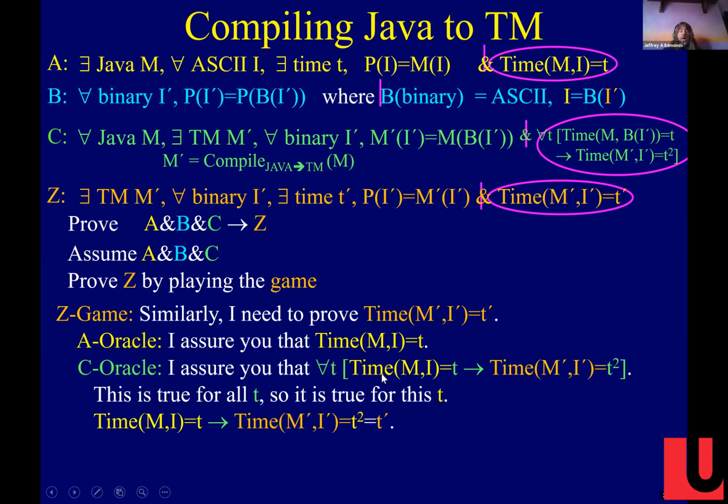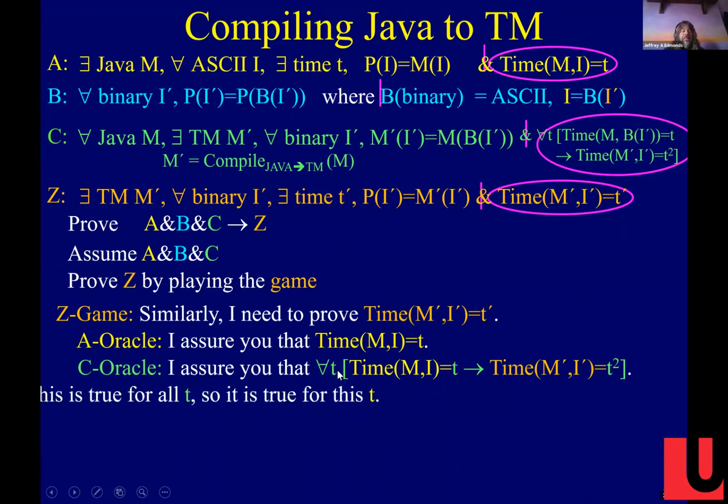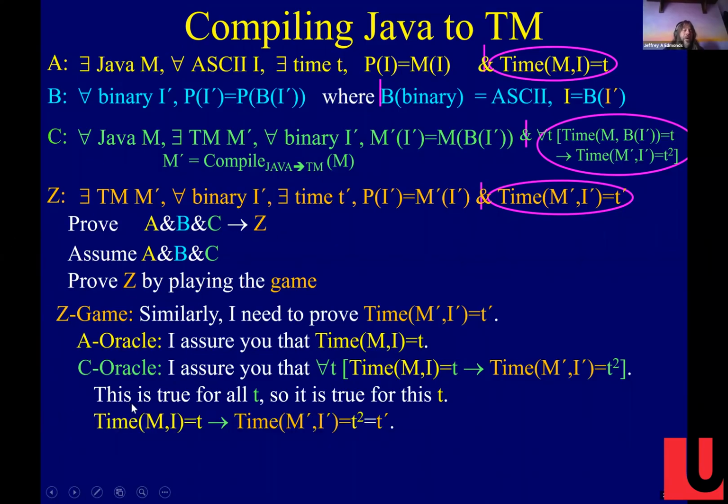We say, if what the Oracle says is true for every t, it's true for the t that A gave us. A gave us the actual running time of the Java program, t. And if what C says is true for every t, then it's true for the t given by Oracle A. So now what do we know?